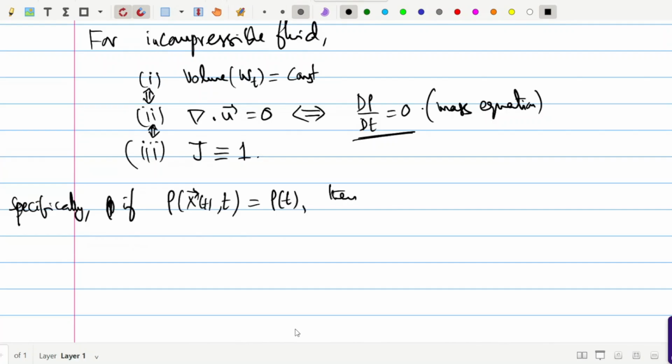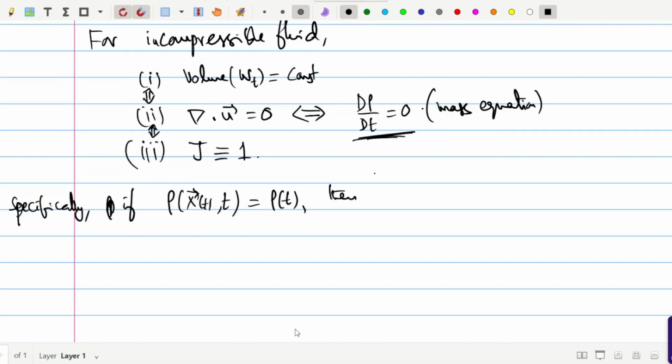Then this mass equation will give you an equivalent definition: ∇·u equal to 0 means capital D rho by Dt equals 0, the material derivative is 0.